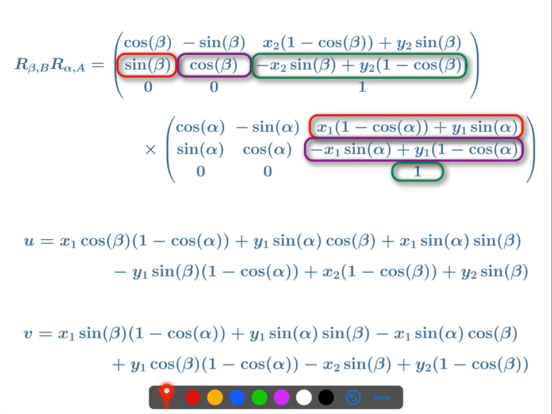I have cosine beta times minus x1 sine alpha. I have cosine beta times y1 times 1 minus cosine of alpha. I have then just 1 times this, minus x2 sine beta, and a plus y2 1 minus cosine beta. So those are U and V.